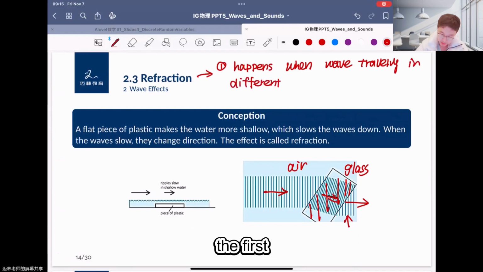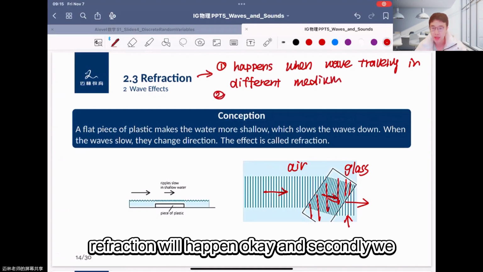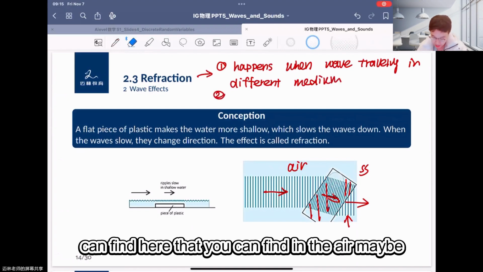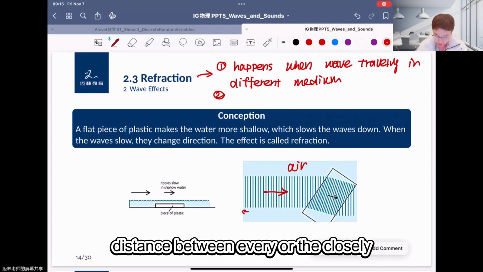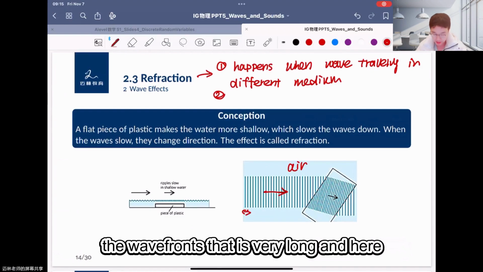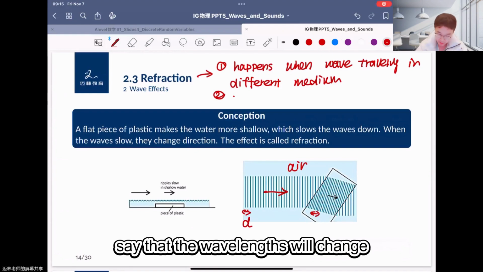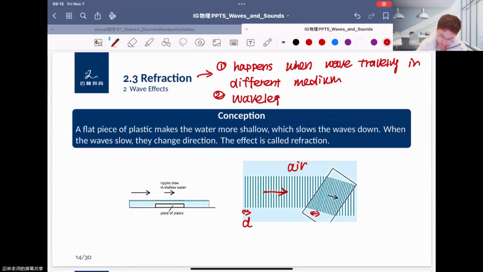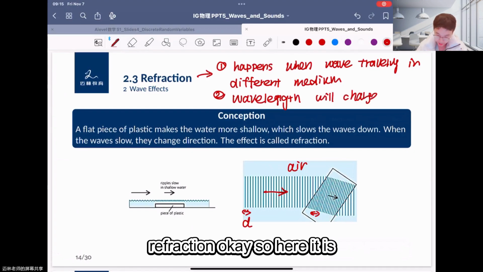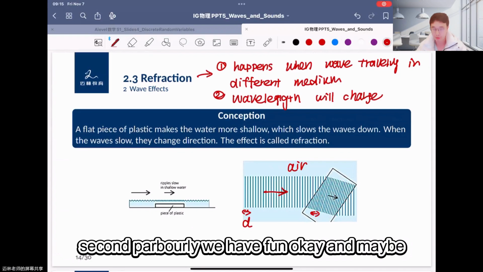This is the first property. Secondly, in the air, the distance between the closely spaced wavefronts is very long, and here in the glass it may be shorter. So we can say that the wavelength will change in refraction. This is the second property we have found.